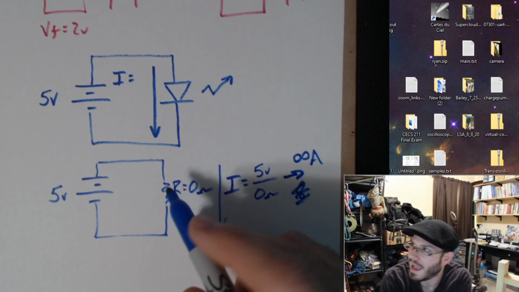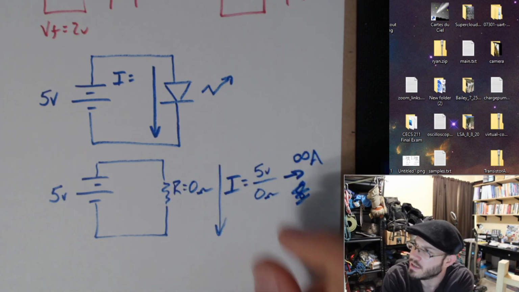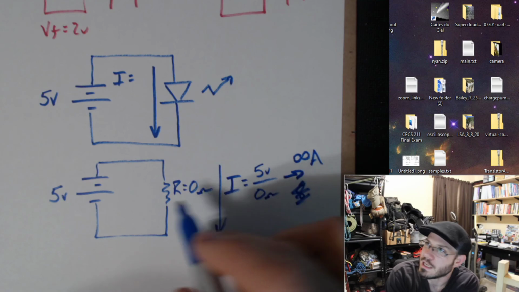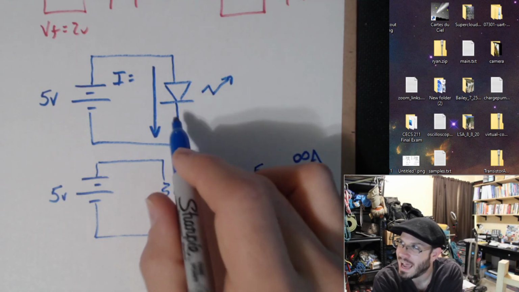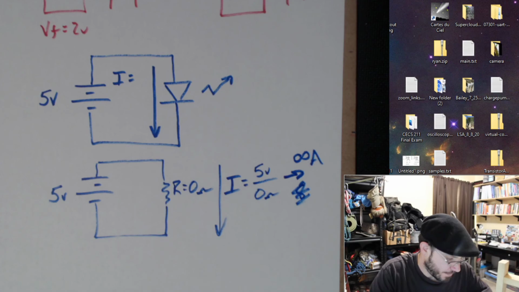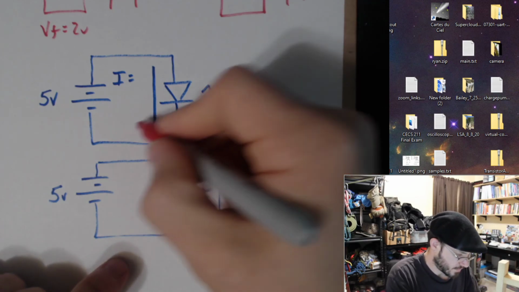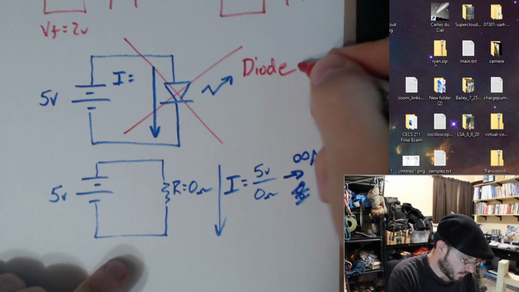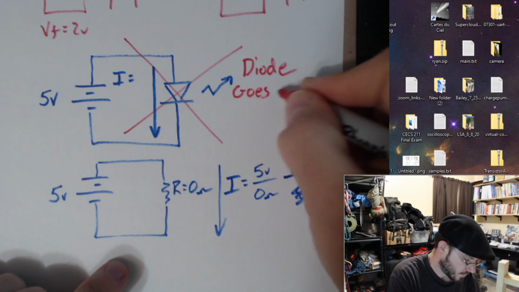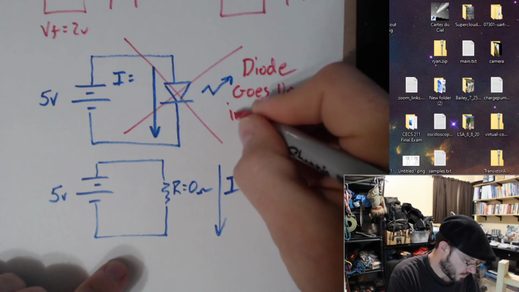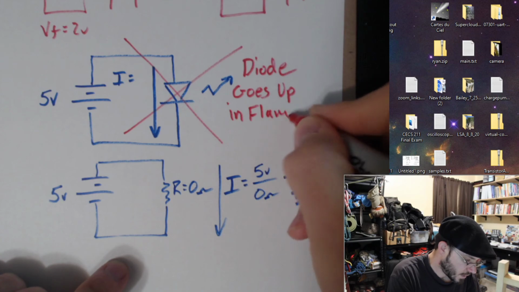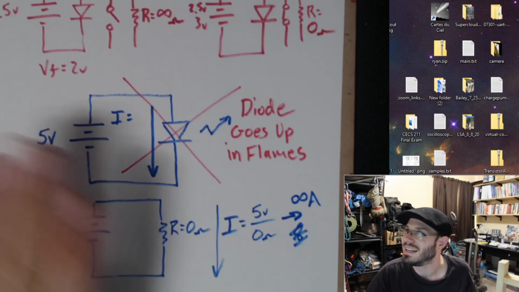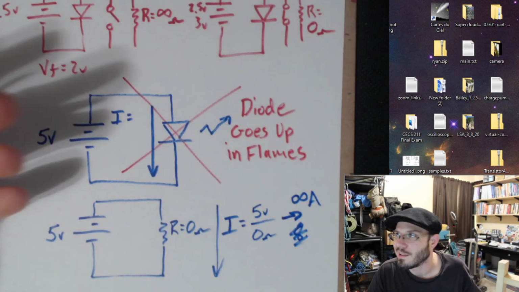This diode also has some real amount of very small resistance, but nevertheless, the current goes to infinite. Do you think my LED wants to have infinite current flowing through it? No, the diode's going to go up in flames. Doesn't like this situation. Let's go ahead and see it.